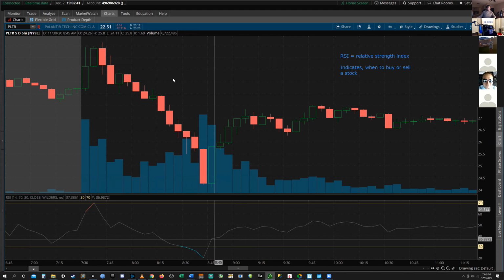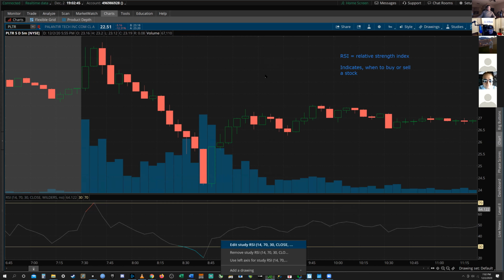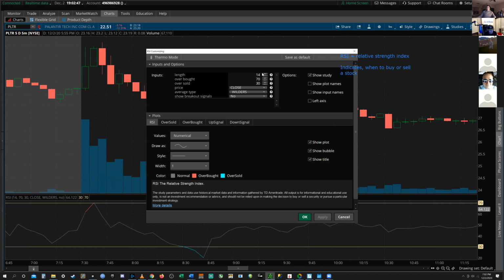Now, this is where some people get confused. They see length, that's the big thing, and it says a number, 14. So what that means, on any technical indicator, if you have MACD, RSI, money flow, CCI, anything, this length means how many candles it's calculating.